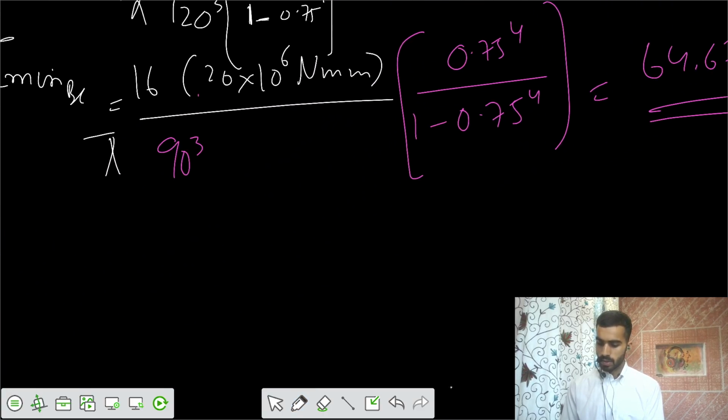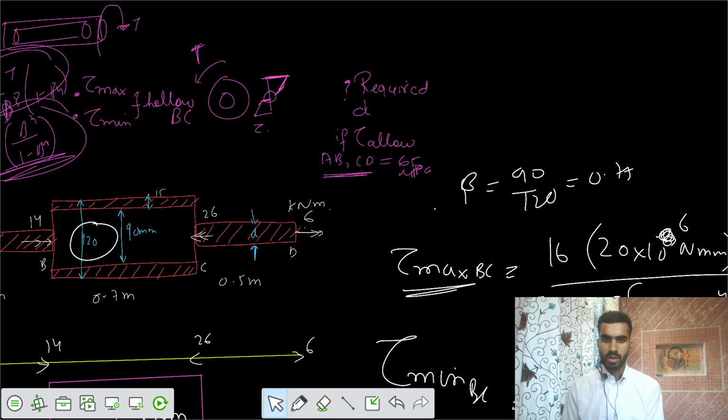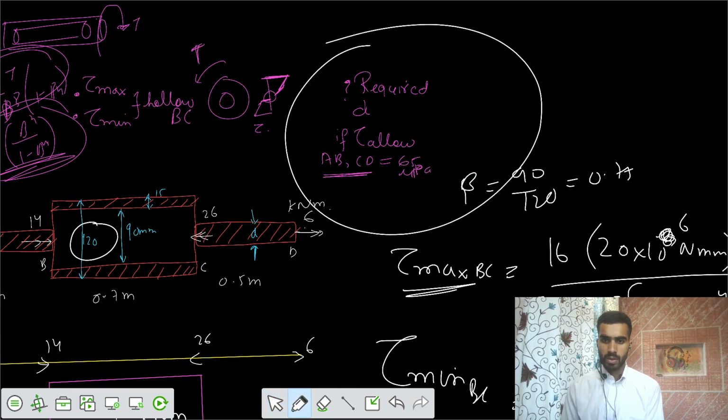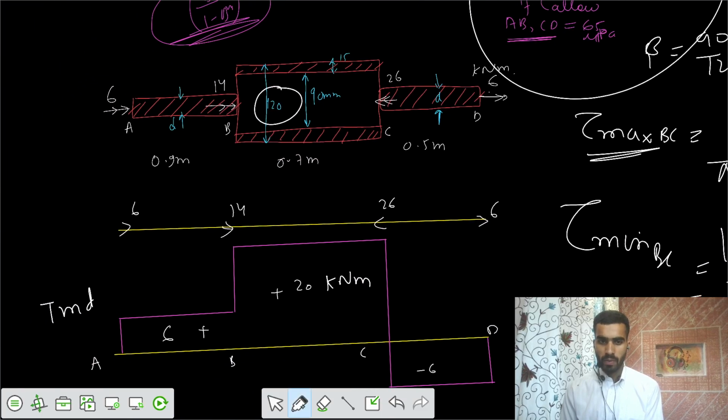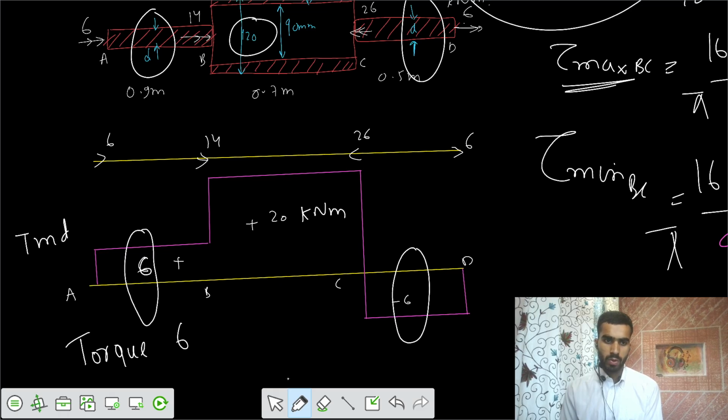Now for the second part of the problem, you need to get the required diameter d, if the allowable shear stress is equal to 65. Based on the torque analysis, both spans have the value of 6 kilonewton meter, that's TAB equals TCD.